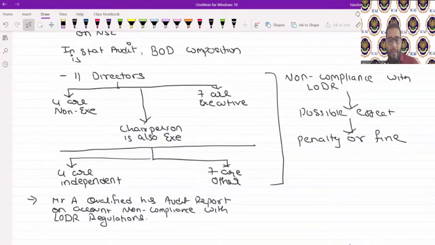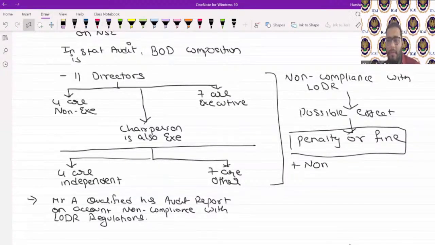So if a qualification is on the penalty or fine plus non-compliance, penalty or fine will have a financial statement impact. So if a penalty or fine is mentioned in the qualification for the non-compliance, that the management has not considered the penalty or fine, there will be a non-compliance.